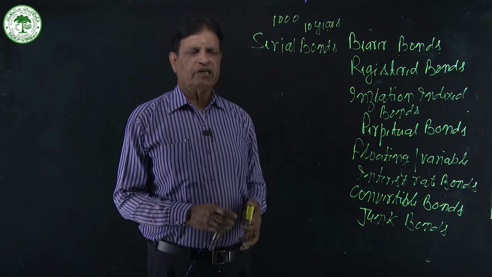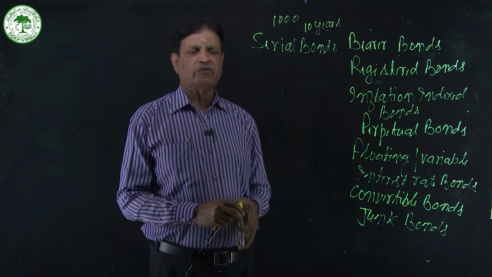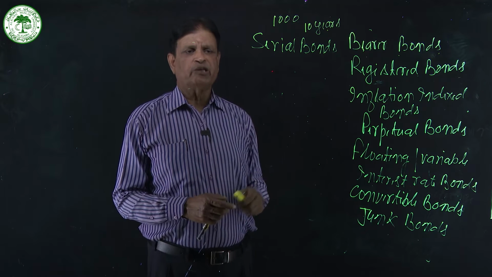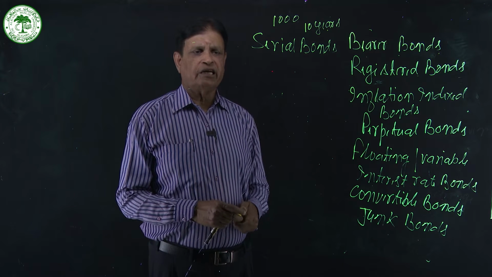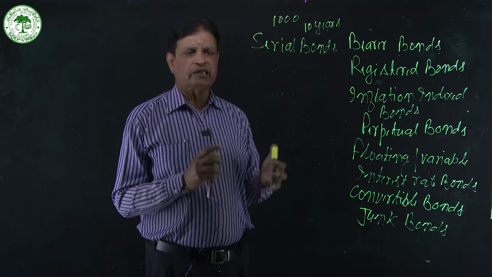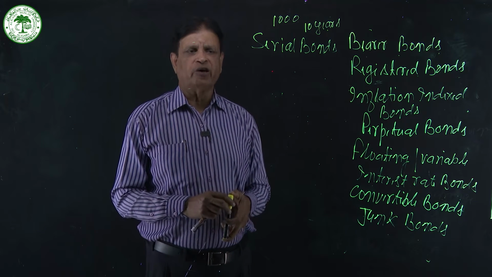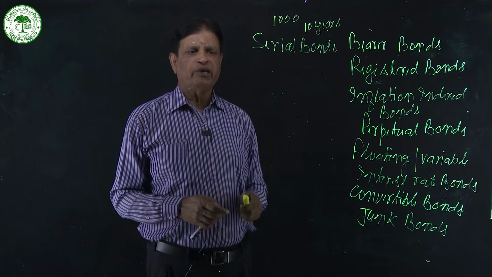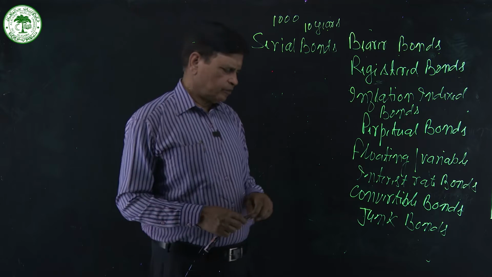That is, after the first year, the holder will get 100 rupees from the principal amount. After the second year, again rupees 100. So the entire principal amount will not be paid on maturity, rather it will be paid in installments.